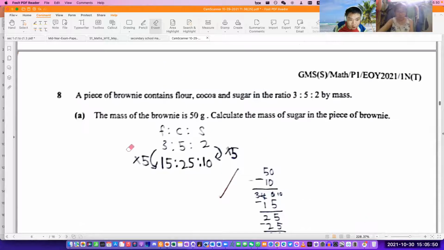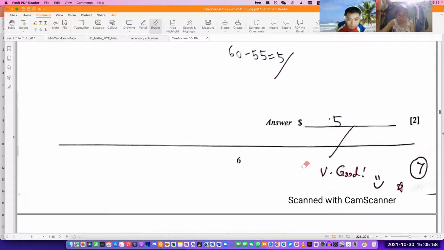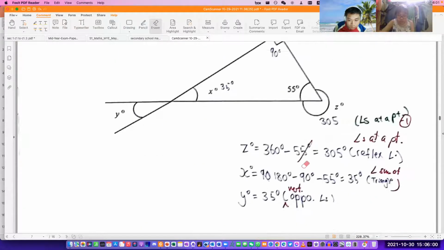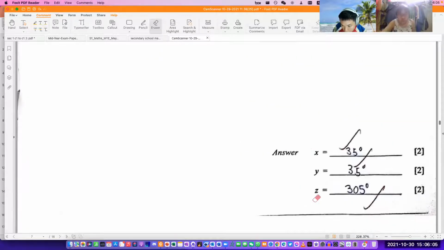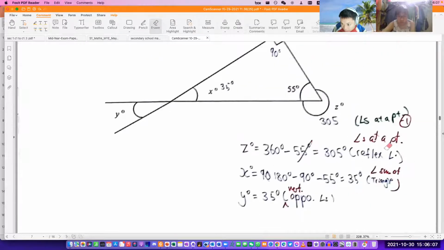So this particular question, we have practiced so many times. Question 8, right? How come this one wrong or correct? Oh, correct. But you see, they want you to state angles at a point, then angle sum of a triangle.